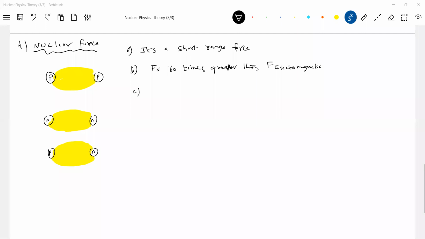But Fn is independent of charge. The best example is neutrons. These are two neutrons, and they are interacting. We know neutrons are neutral, but they are interacting. So the nuclear force is independent of charge.